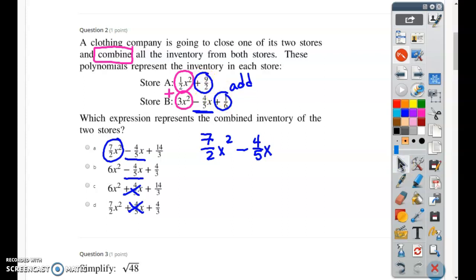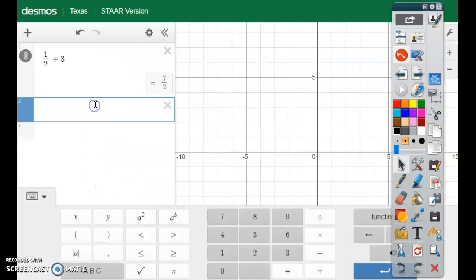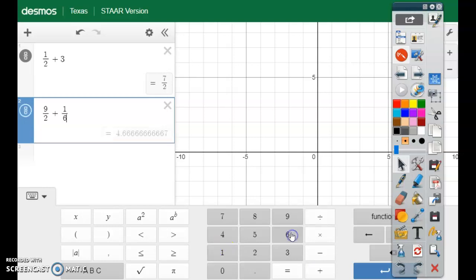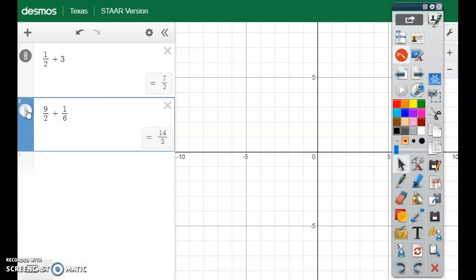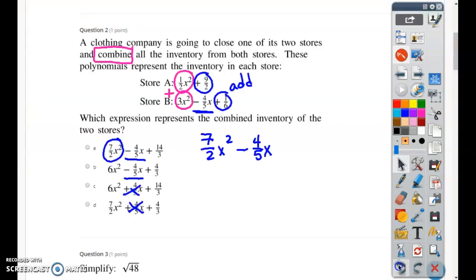Same thing, 9/2 plus 1/6 gives you a fraction, which is 14/3. Okay? So you can see what the answer is. Any questions about that?